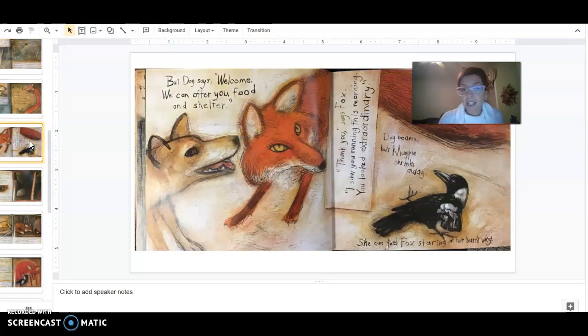But Dog says, welcome, we can offer you food and shelter. Oh, that's an example right there of him being a caring person. Thank you, says Fox. I saw you running this morning. You looked extraordinary. Dog beams, but Magpie shrinks away. She can feel Fox staring at her burnt wing.